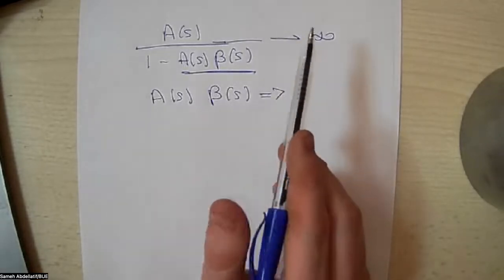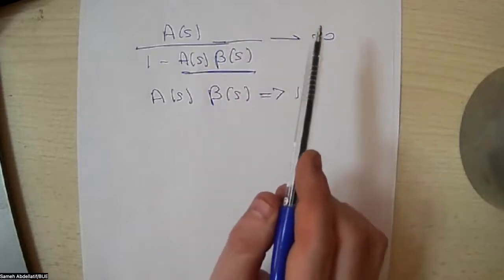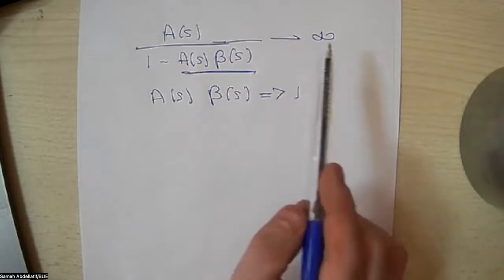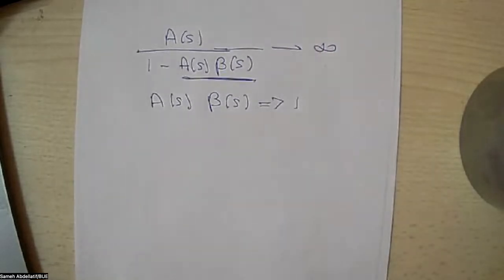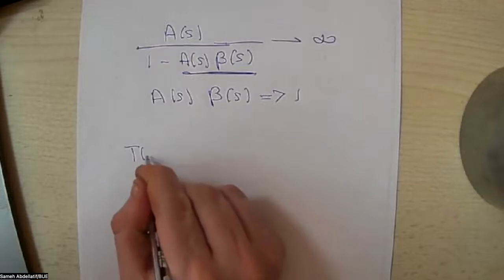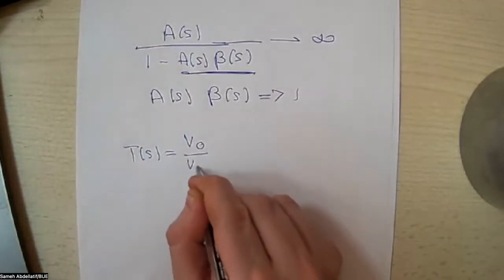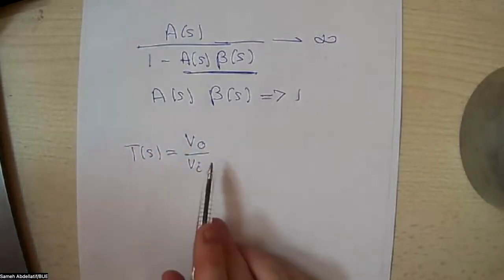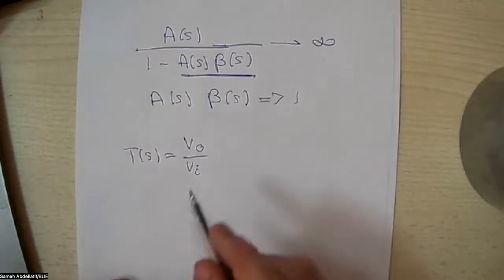Alternatively, here in this case, we are forcing our system to be unstable, or in other words, to have an infinity transfer function. So, what is an infinity transfer function? Simply, a transfer function represents a relation between the V output and the input. So, in order to have an infinity transfer function, mathematically you have two options.